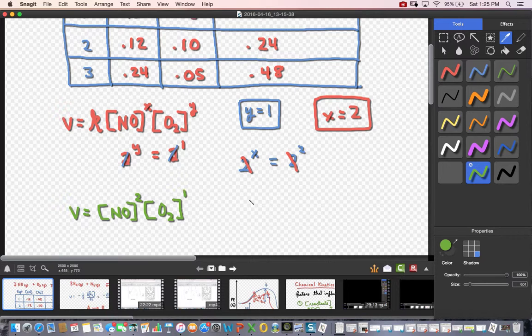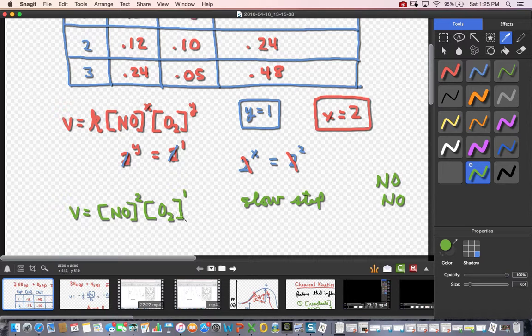We say that V is second order with respect to NO. That means in the slow step of the reaction, there are 2 molecules of NO. So the slow step is what determines how fast the reaction will go. There are 2 NOs.